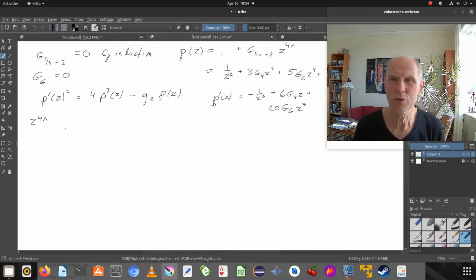So I think we should be very explicit here and see g4n plus 2. That occurs in this number, 4n plus 2 minus 6, 2 down here, and then another one here, and then divided by z to the 3rd.